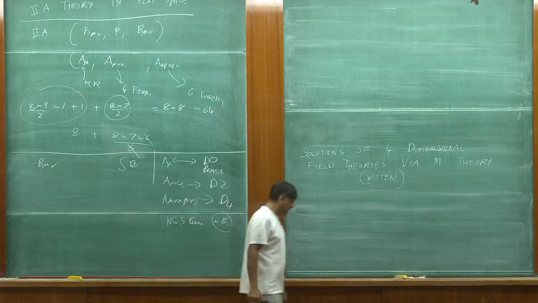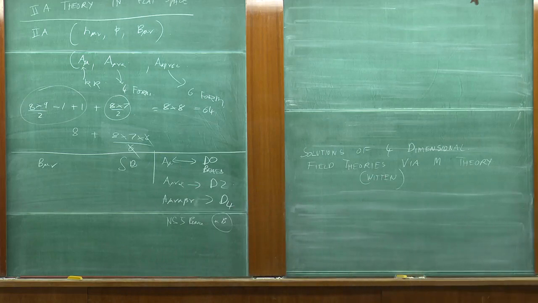Okay. So the first thing about these things is that they're solutions of supergravity. You take the low energy effective action of string theory, which is some supergravity, and you can write down solitonic solutions, which are these things.